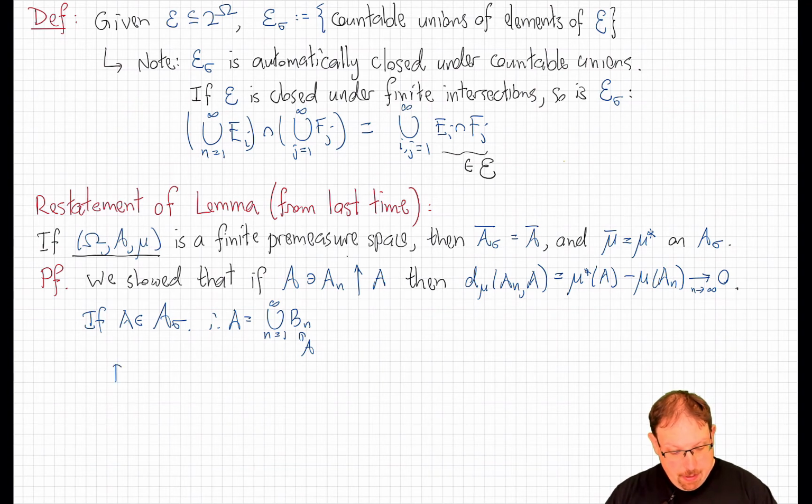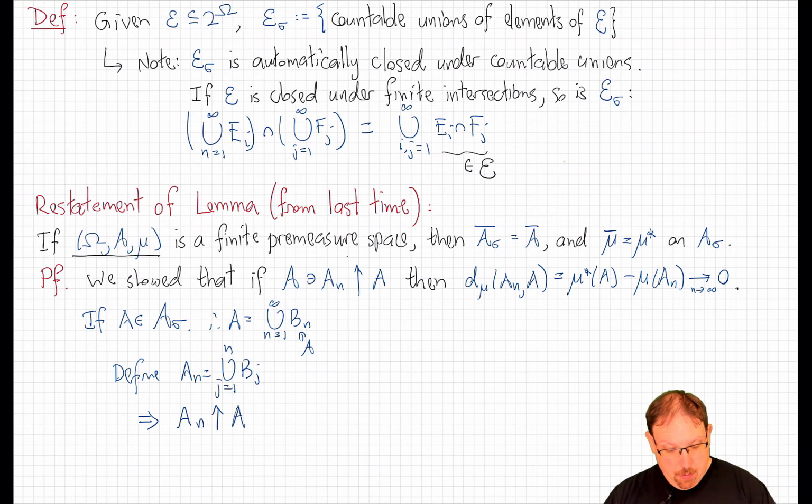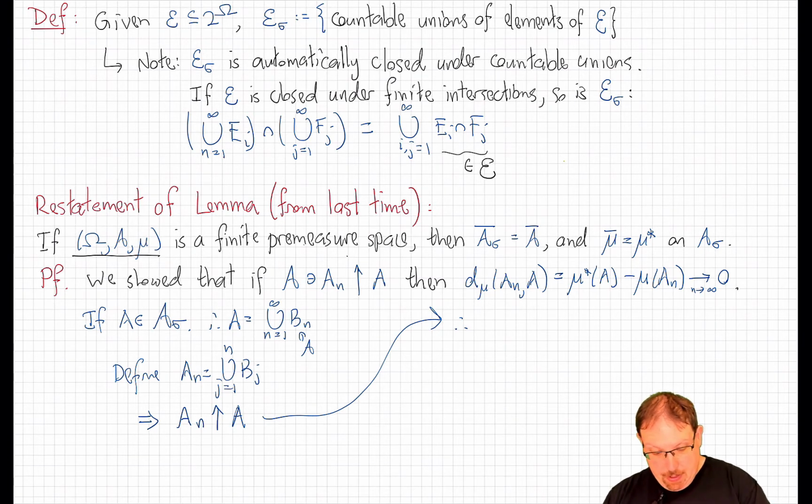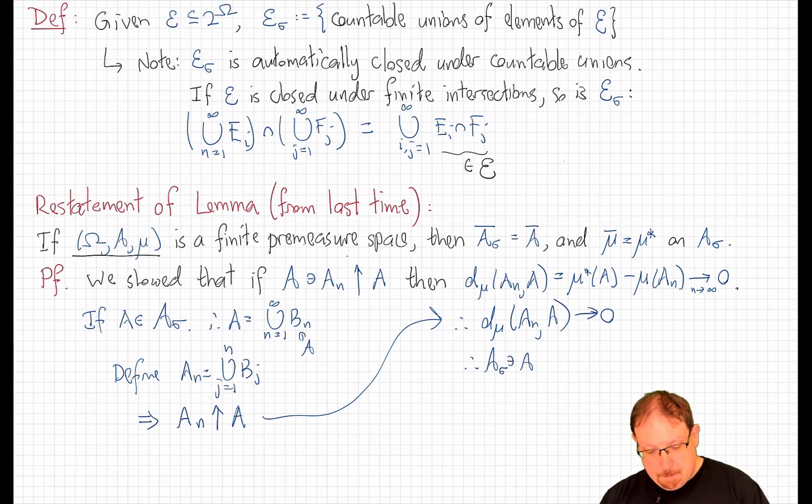But if I define A_n to be the union of the first n B_j's, it then follows that A_n increases to A. And so we can simply plug in over here and conclude that A is the limit of a sequence in A. And that means that our set A, which was arbitrarily chosen in A sigma, is in fact in the closure of A. So that shows that A sigma is contained in the closure of A.